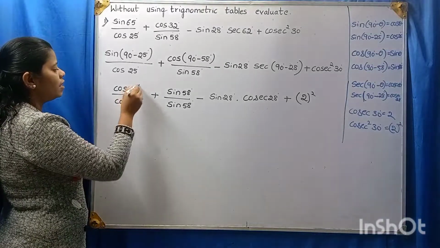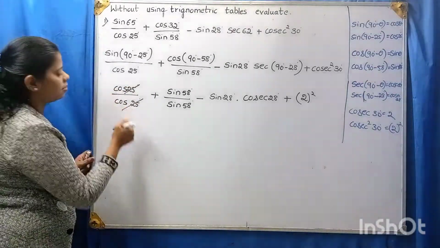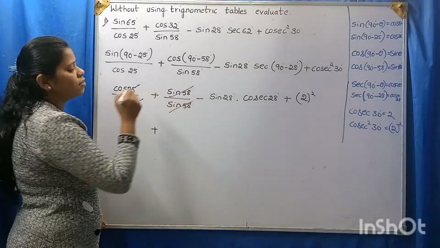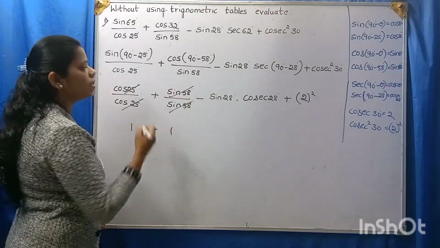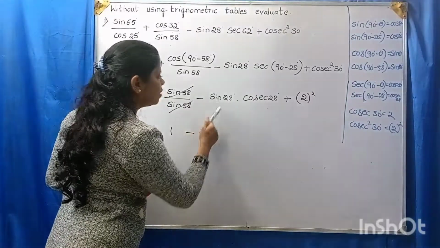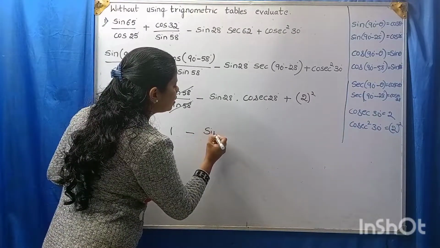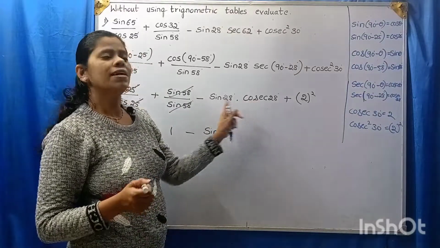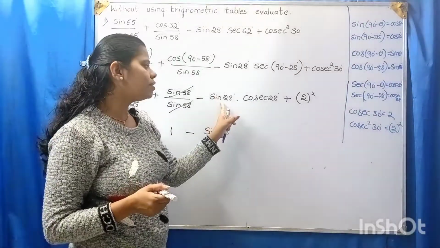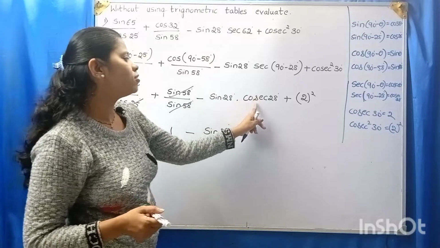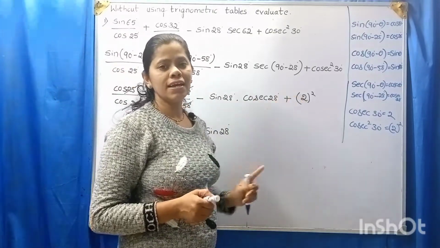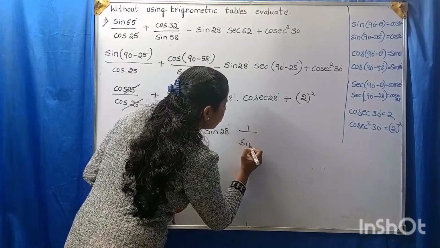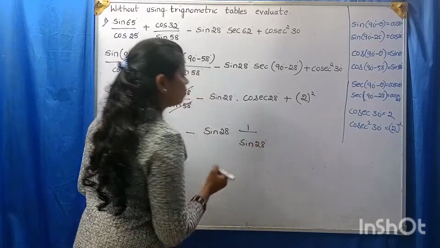Now, this one and this one will get cancelled. Therefore, it is 1 plus sin 58 degree by sin 58 degree, which cancels to 1. Now, minus sin 28 degree. Cosecant is the reciprocal of sine, therefore cosecant 28 degree I can write as 1 by sin 28 degree.